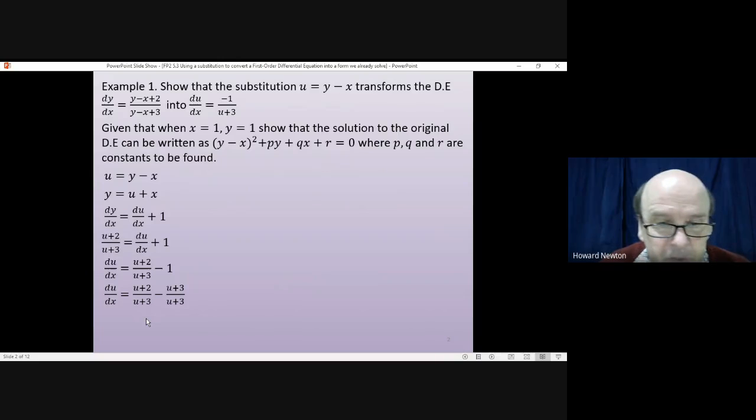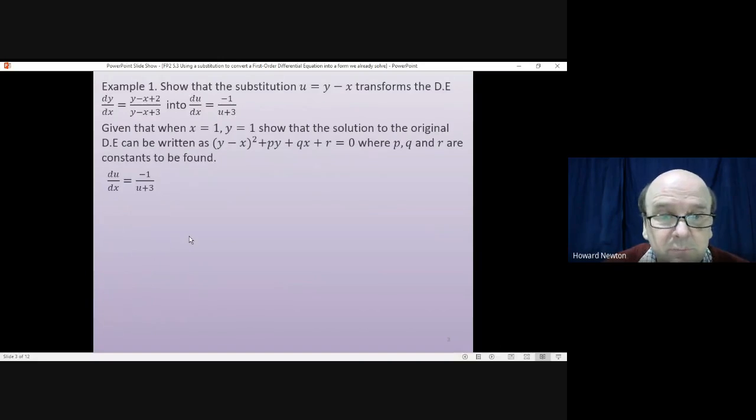So we'll have u plus 2 over u plus 3 minus u plus 3 over u plus 3. And when we add those together, that does give us minus 1 over u plus 3, which we were told in the question we should get. So that's the first step. What we've done is we've converted this differential equation into a form which we can solve.